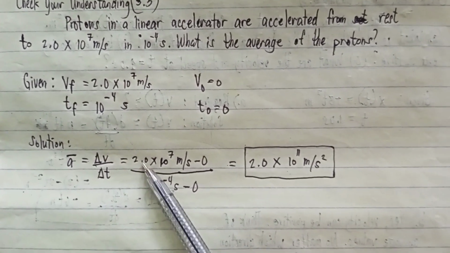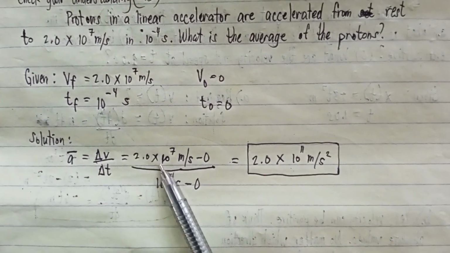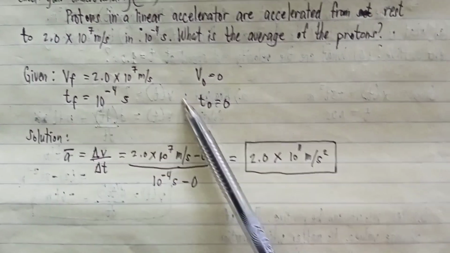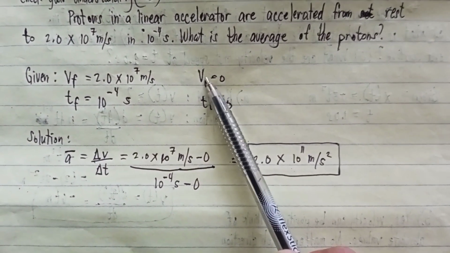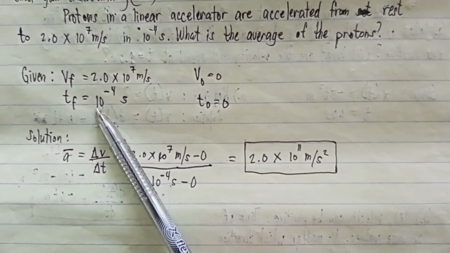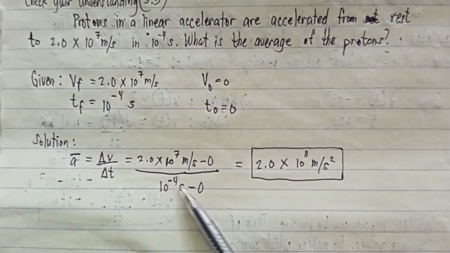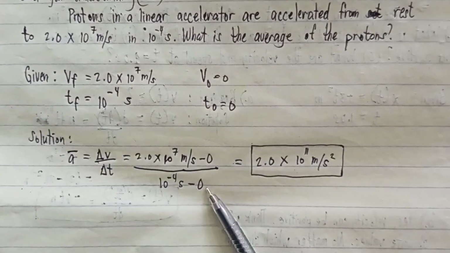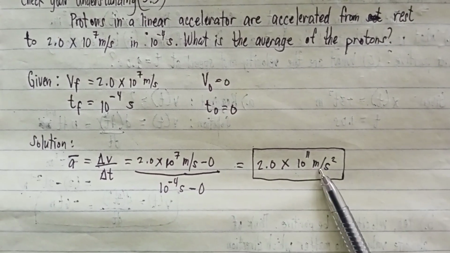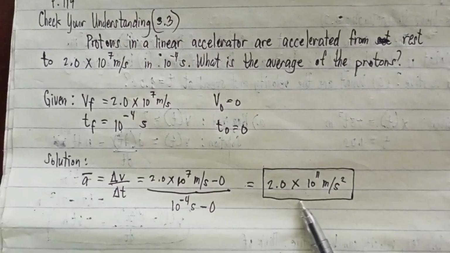Delta v equals final velocity, which is 2.0 times 10 to the power of 7 m/s, minus initial velocity, which is 0, all over delta t, which equals final time, 10 to the power of negative 4 s, minus initial time, which is 0, equals 2.0 times 10 to the power of 11 m/s squared. So this is the final answer.